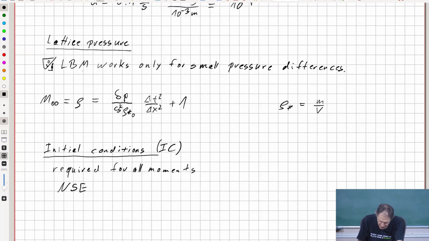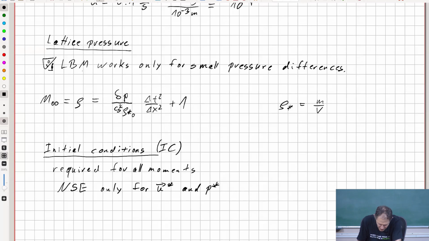Whereas in the Navier-Stokes equations, we only have to initialize U, velocity, and pressure. That's all. However, here in the Lattice Boltzmann world, we have to have more moments.